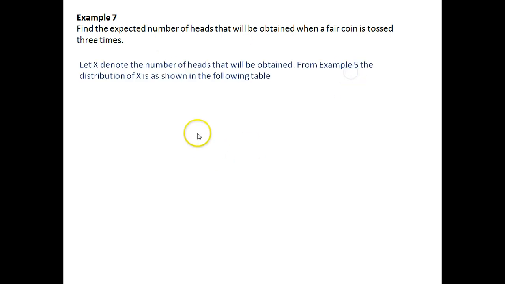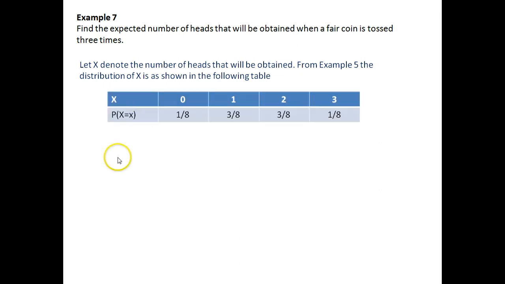Find the expected number of heads that will be obtained when a fair coin is tossed 3 times. Now we've already done this example before, so we've done the distribution. Let x denote the number of heads that will be obtained, and that was our distribution. So for no heads, 1 head, 2 heads, 3 heads, we had those probabilities. Now we want to work out the expected number of heads occurring. So you need to multiply each x with its relative probability.